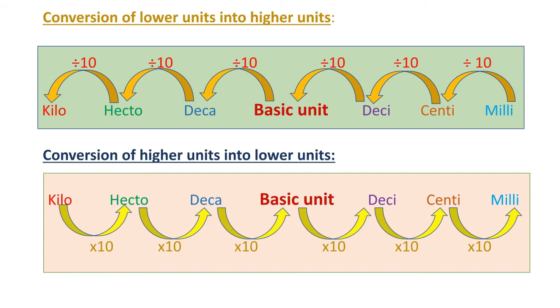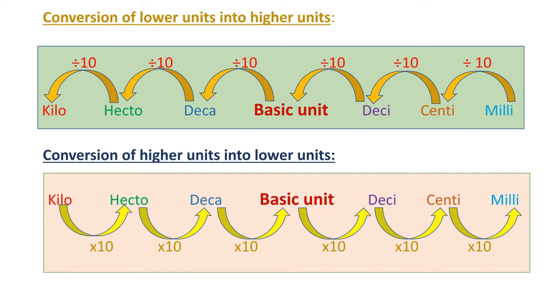As I said, each larger unit is exactly 10 times larger than the previous unit. So when we are moving to a higher unit, we are dividing by 10. And for converting a higher unit into a lower unit, we multiply by 10. Suppose we are talking about meter.